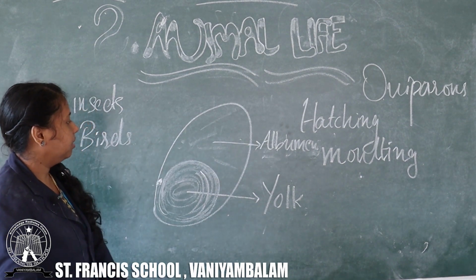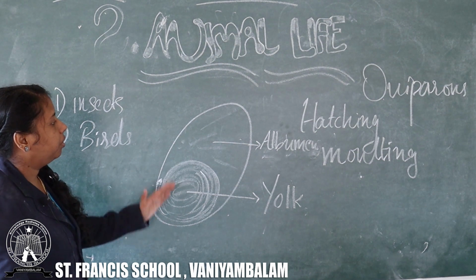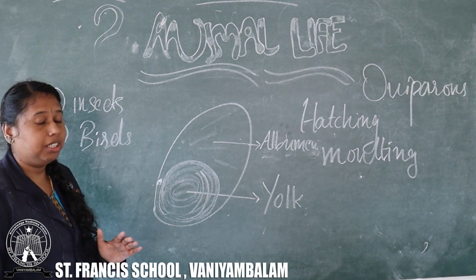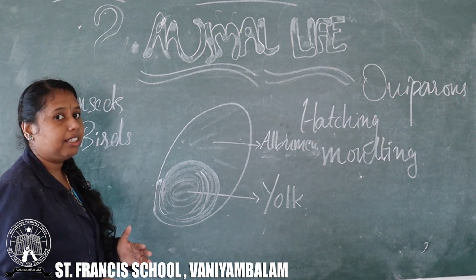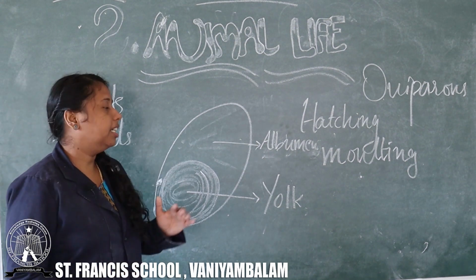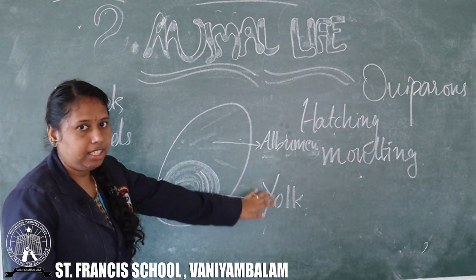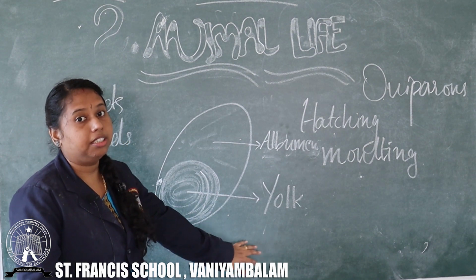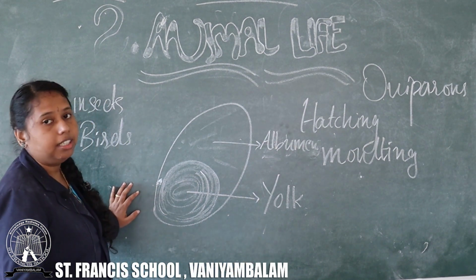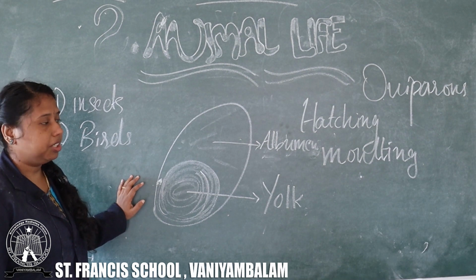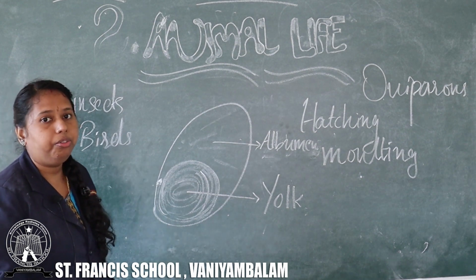So, bird, it will lay egg, and in the case of hen, it will lay egg, and after that become chick. Then this chick will become again the adult one. So, this is about the life cycle of hen.